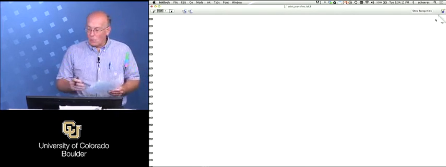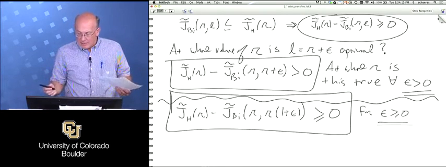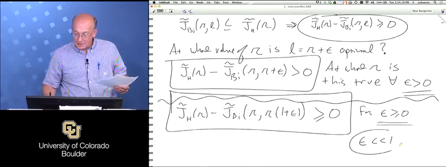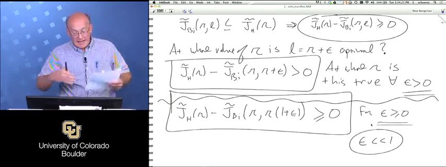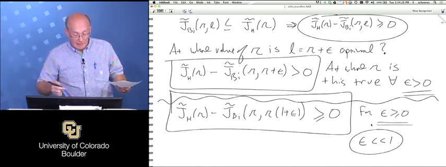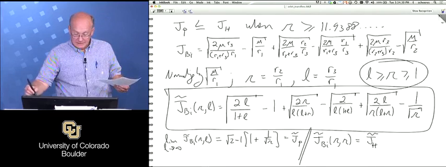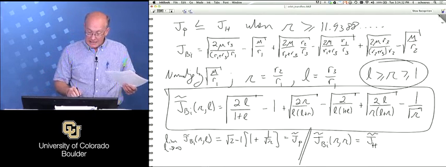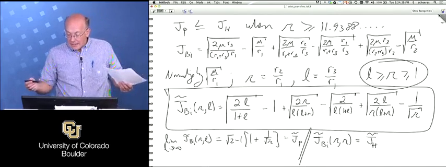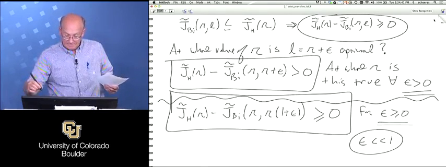What I'm asking is just when does this happen for some epsilon, and in fact, we could try to answer it for epsilon being much less than 1. That may actually be a little bit easier, because then we can do a Taylor series expansion of this bielliptic cost. If you replace L everywhere with R times 1 plus epsilon, you can imagine doing at least a first order expansion of that.